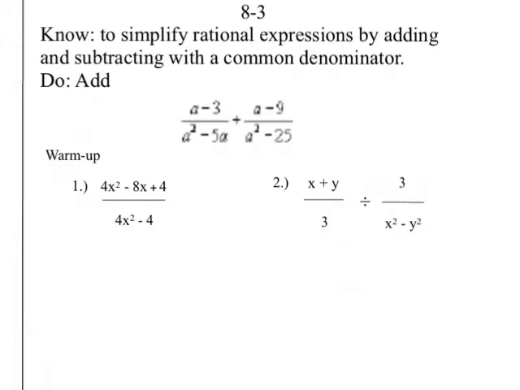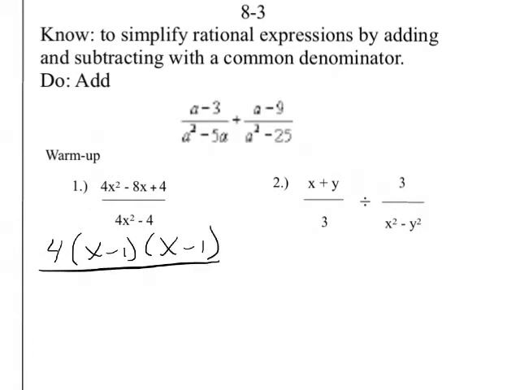Okay, let's go ahead and take a look at what we're doing here with these two problems. In the first one here, first of all, you factored out a 4. So now once you factored out a 4, you can factor it into x minus 1 and x minus 1.